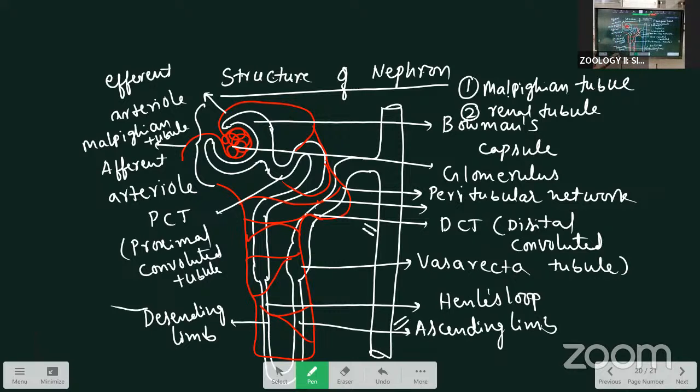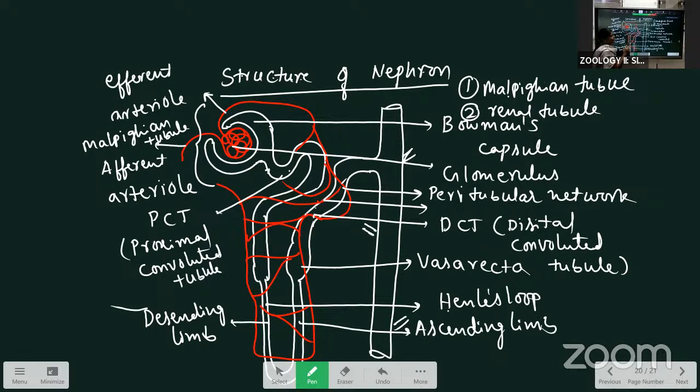Here it is the proximal convoluted tubule. Next, this U-shaped structure is called the Henle's loop. And the next part, the DCT, distal convoluted tubule, opens into the collecting duct, or collecting tubes. These collecting ducts are inside the renal pyramid, which is conical shaped.